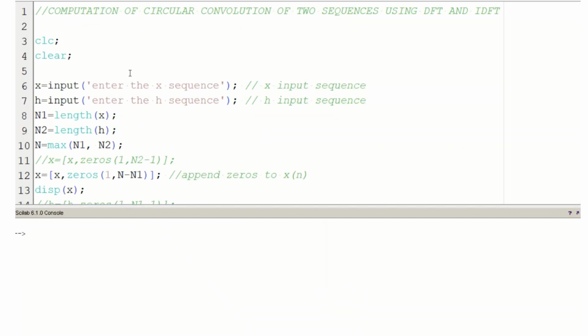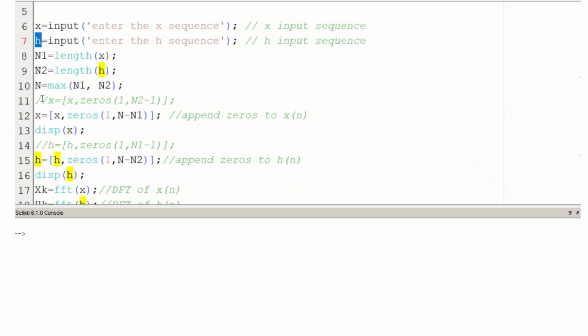So in the Scilab program, first we are going to read the input values. One is the x and one more is the value h. Then after we are going to calculate the length of individual sequences, that is n1 is equal to length of x and n2 is the length of h.